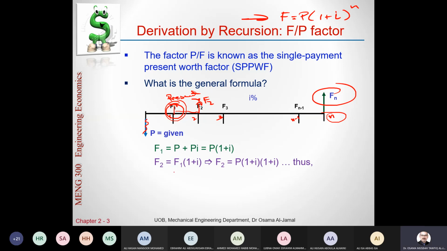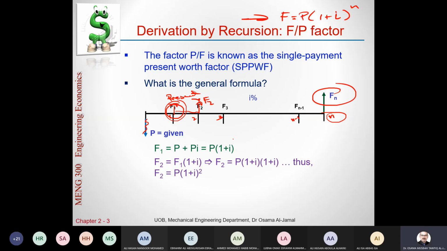Why? Because we consider F1 as the principal for F2, and F2 is the principal for F3, F3 is the principal for F4, and so forth. After substituting for F1, F2 will equal P (1 plus I) multiplied by (1 plus I), which means F2 will equal P (1 plus I) squared.